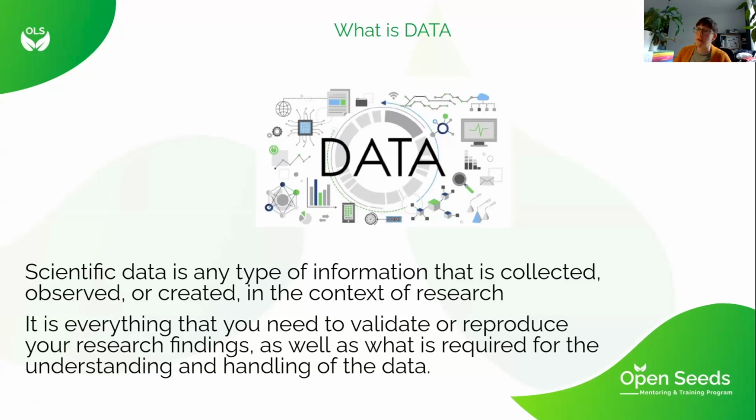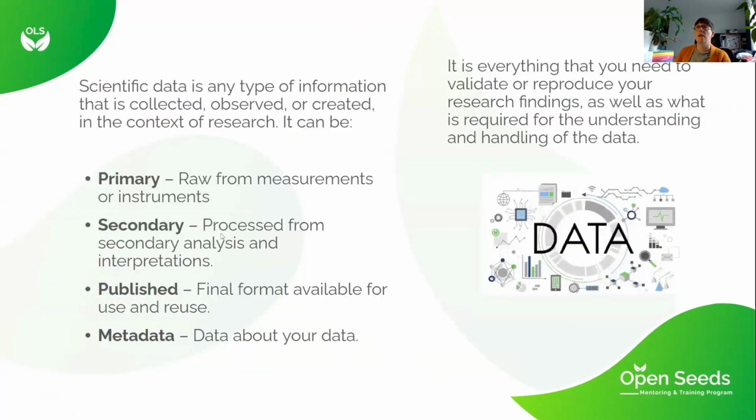It doesn't have to be just numbers. It doesn't have to be code. It's everything that you need to validate or reproduce your research findings, and also what is required to understand and handle the data. So it could be primary, if it is the raw data that you got from instruments, or secondary if you've already done some processing, published data, which is the usual format that is available, hopefully for use and reuse, and then the metadata, which is the data about your data.